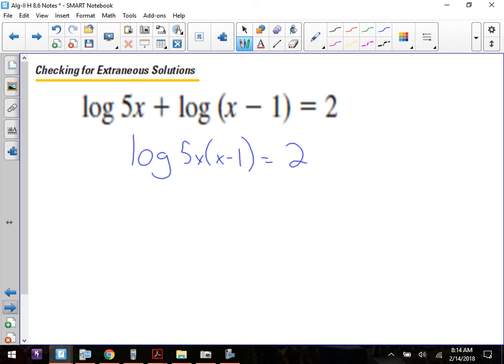I exponentiate with a 10. When there's no base written, when it just says log, it means it's base 10. So we exponentiate with a 10. Now, that gives me 5x times the quantity x minus 1, which is 5x squared minus 5x equals 100.